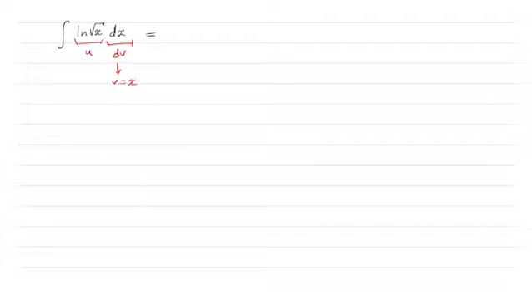We get the integral of u dv is uv, so it's x ln of the square root of x minus the integral of v du. What is du? Well, the derivative of ln of the square root of x is the derivative of the square root of x, which is 1 over 2 square root of x, times the derivative of ln at the square root of x, dx.